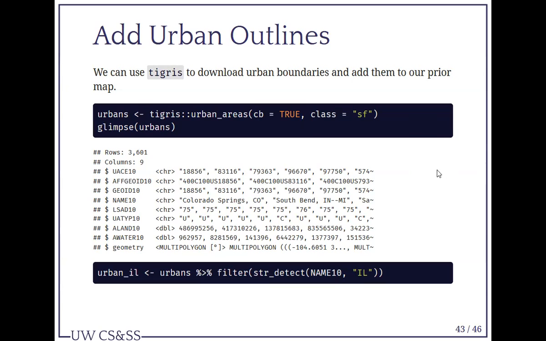And when we look at it, we'll see a lot of information that is mostly just for us to get these polygons. And then we will filter down to just Illinois.